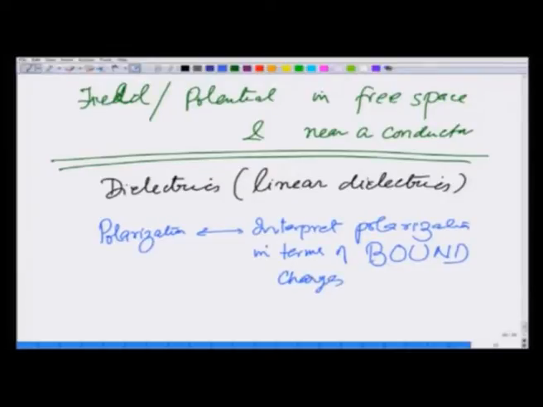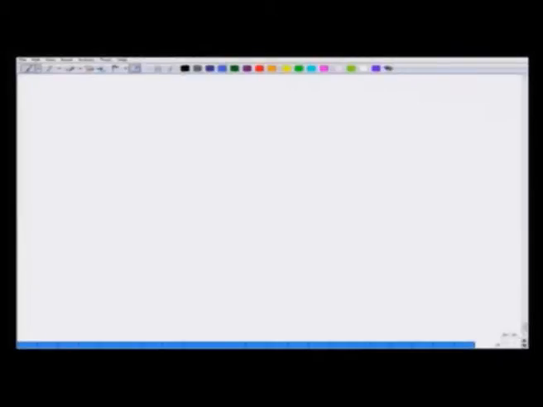After all, electrostatics is all about fields being produced by charges. So, we will translate polarization into bound charges and then develop the entire mathematics of dealing with dielectrics or polarizable medium and try to see it physically also. So, let us first understand what does polarization mean.